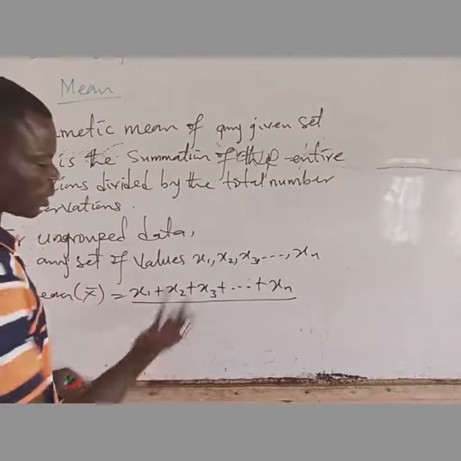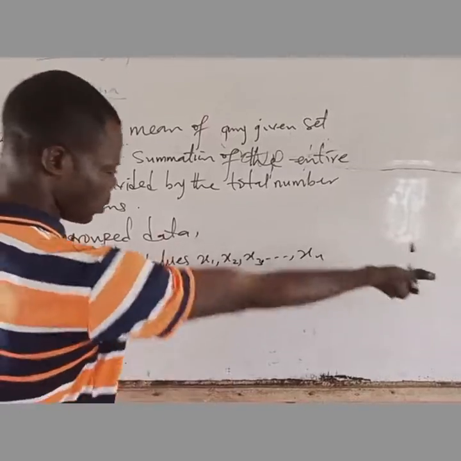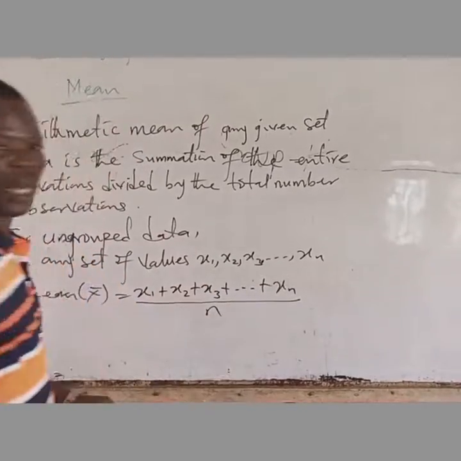Of course, if you start counting 1, 2, 3 to the last number, we have n.